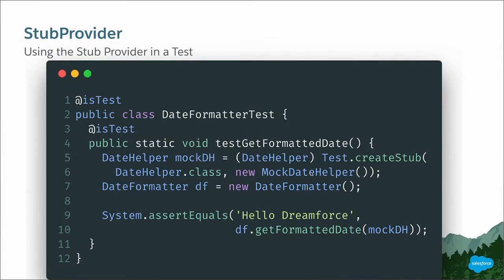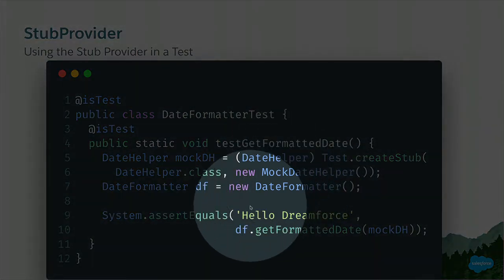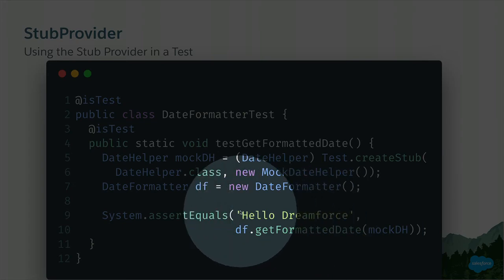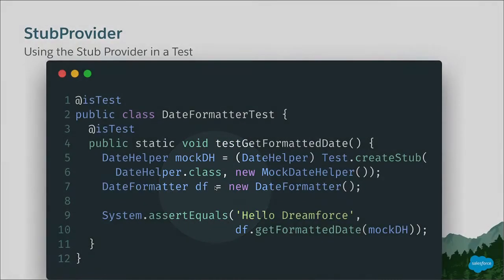So that will give us this mock DH object, which is our mock date helper, and we'll call system assert equals down here. We're going to say get formatted date with our mock object, and that will equal hello Dreamforce. So we've basically overridden the default implementation of get formatted date using that date helper with our mock object.